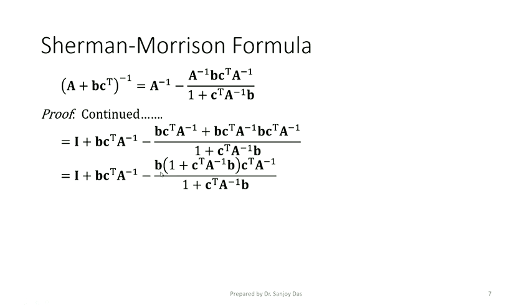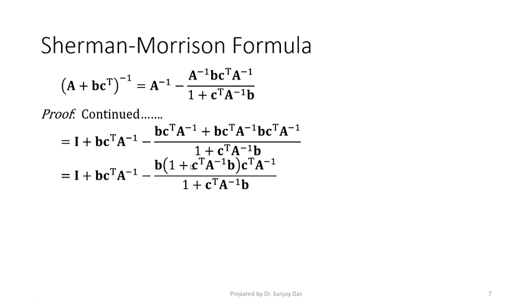I bring it to this side. And then I see C transpose A inverse is on the right-hand side. You know, in a matrix product, the order of the individual matrices or vectors has to be preserved, right? So this has to be taken out on this side.